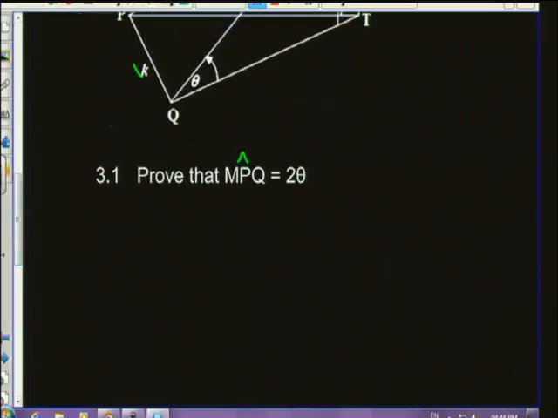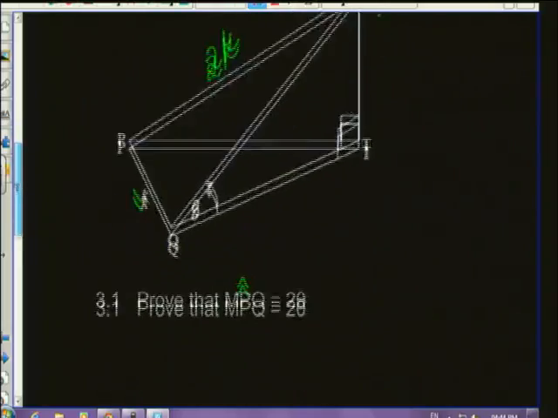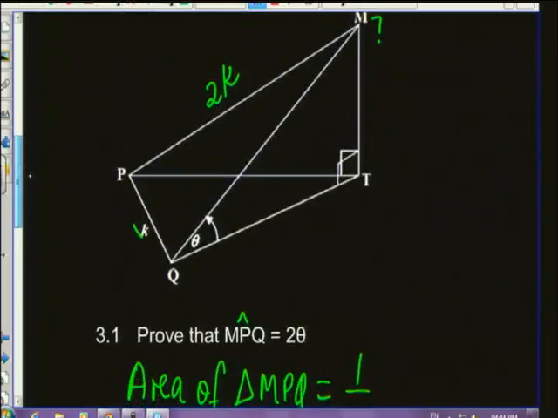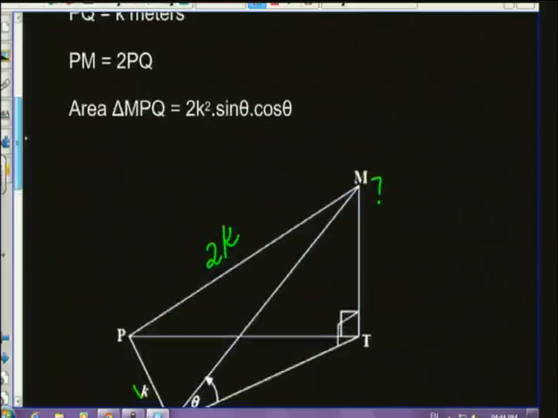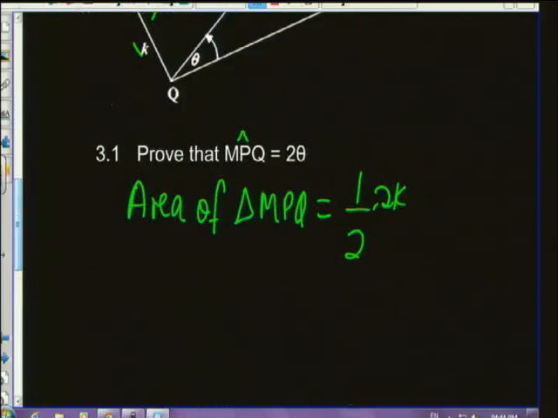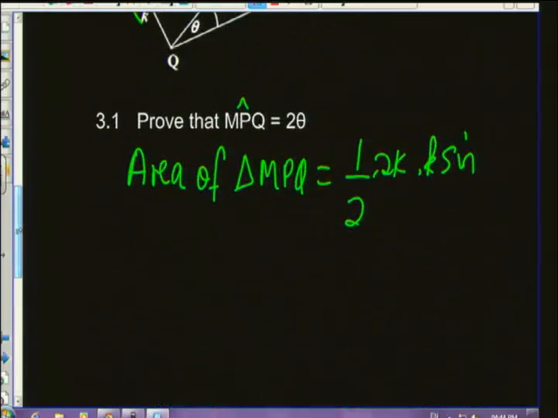The angle that we're looking for is P. So we know that the area of triangle MPQ equals half times 2K times that other side, K, times the sine of the angle we're looking for, MPQ.